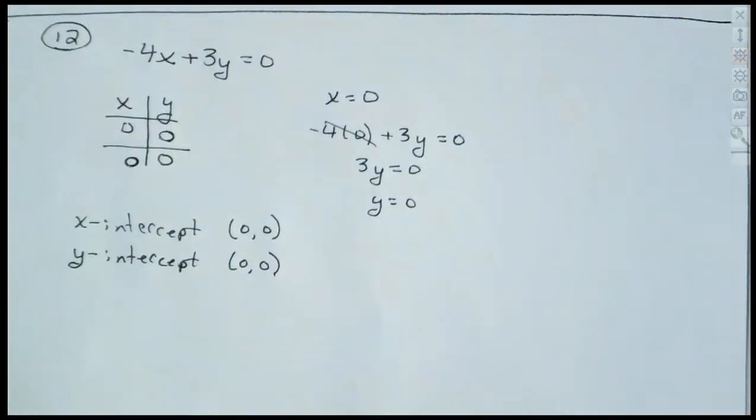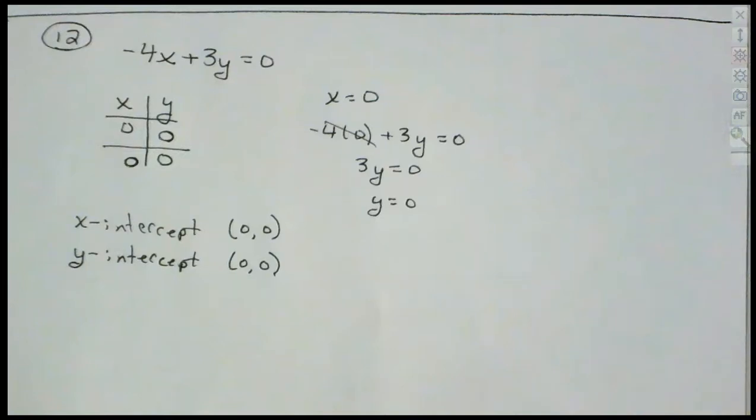So you have them, but in this case they are the same. So you have an x-intercept and you also have a y-intercept. We don't have to add on another point because we're not asked to graph this one. So we don't need any extra or additional points. So that was question 12.